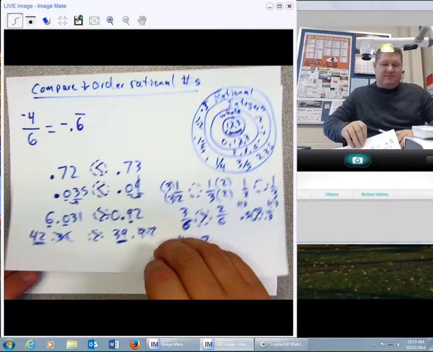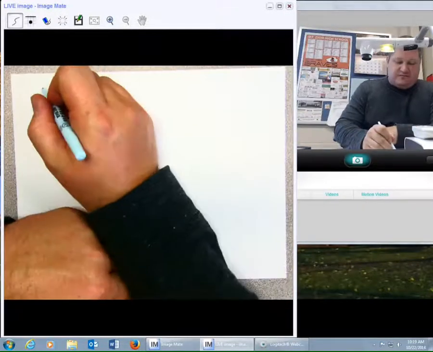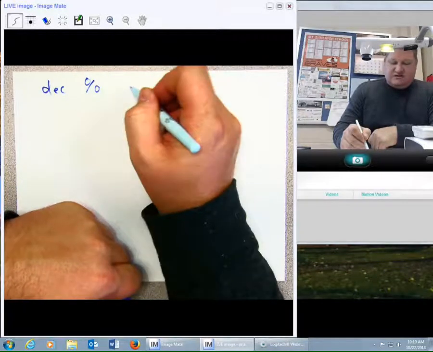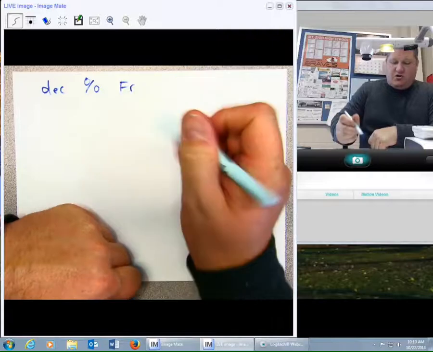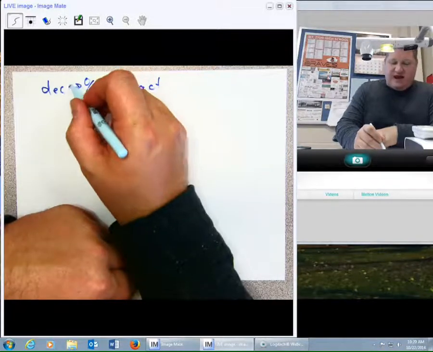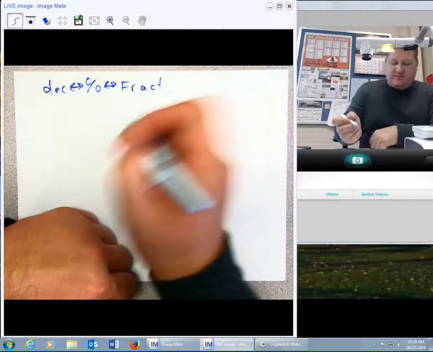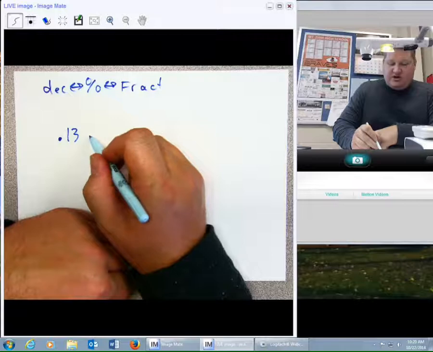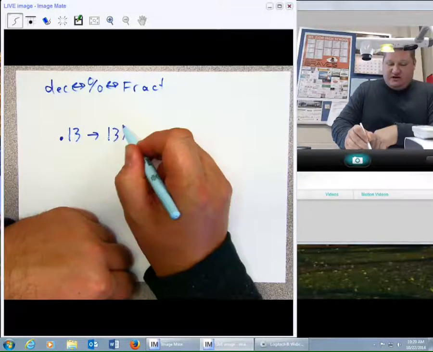Finally, the last thing we need to talk about with decimals and fractions is that decimals, percentages, and fractions are all the same. And they can move back and forth between each other. So if I have 0.13, that changes to 13%.